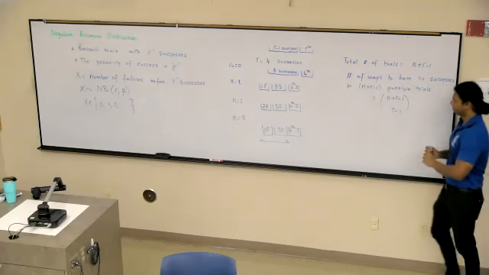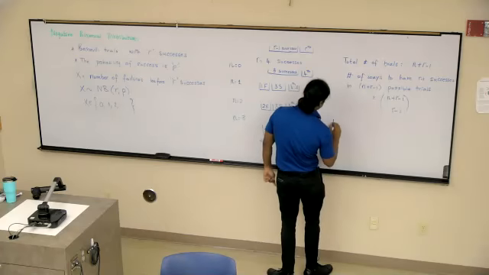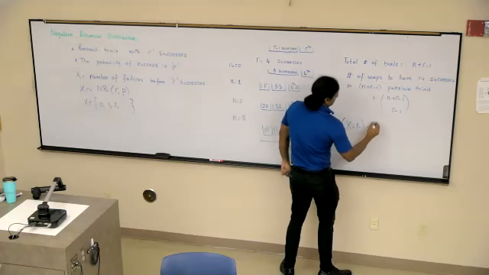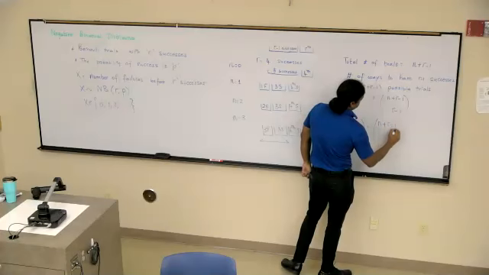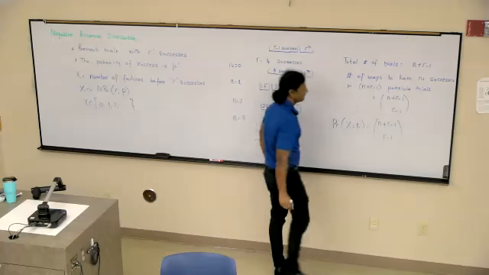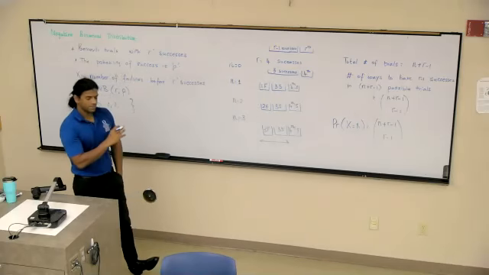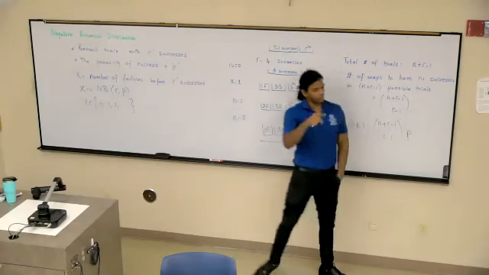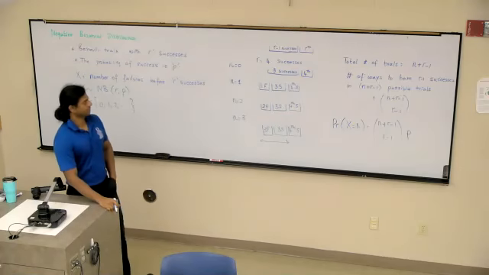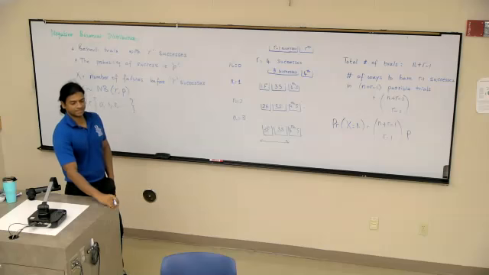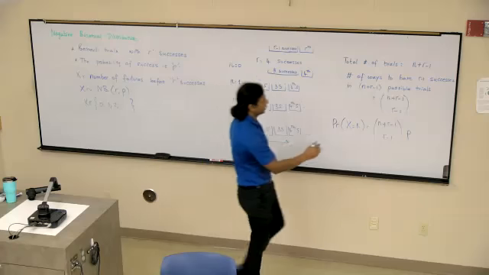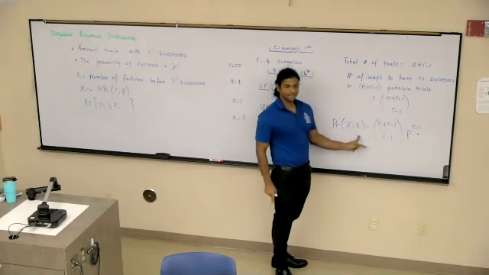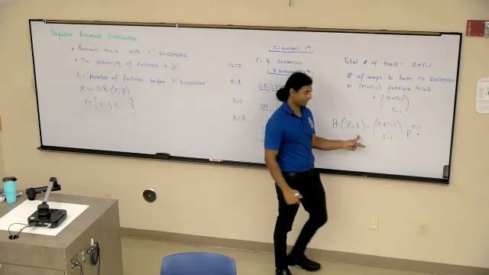So initially, how many successes do we know we have prior to the last success? R-1. N is the number of failures.